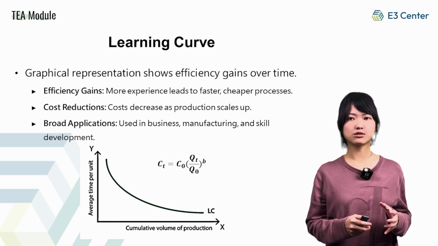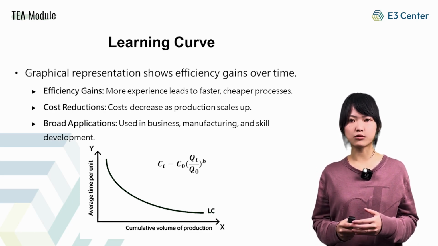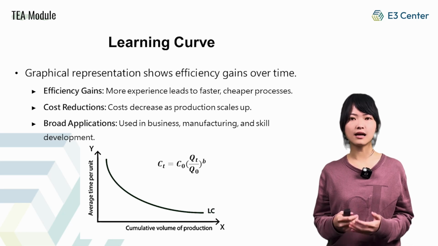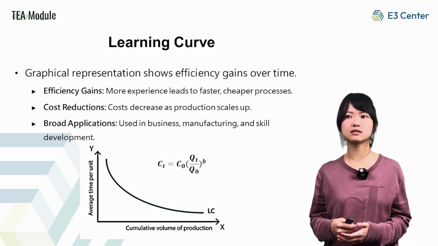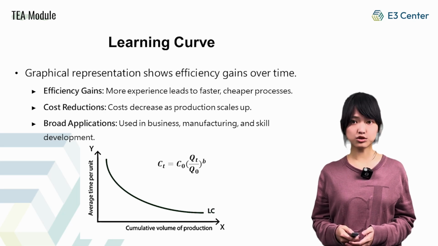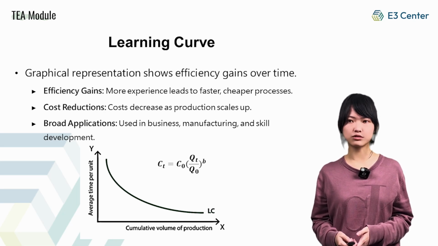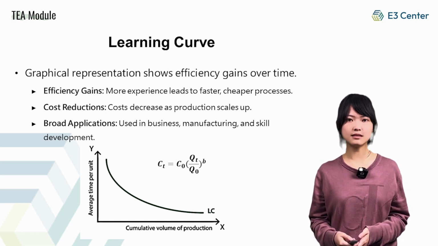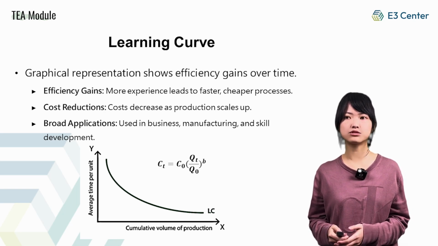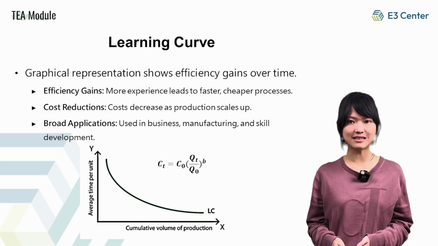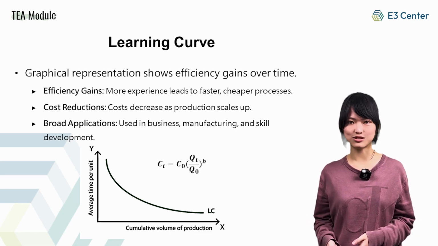As we see in this graph, the curve slopes downwards, highlighting how tasks become less resource-intensive as experience grows. This is crucial in business and the manufacturing process, where understanding the rate of improvement can significantly impact strategic planning and pricing strategies.